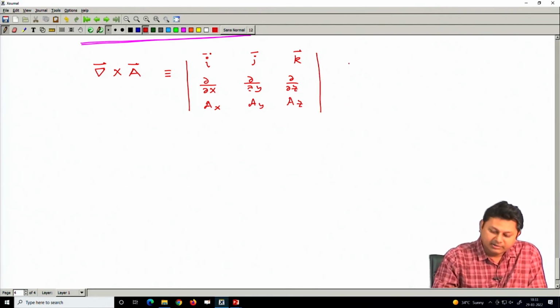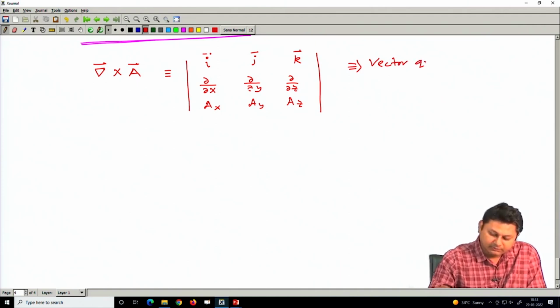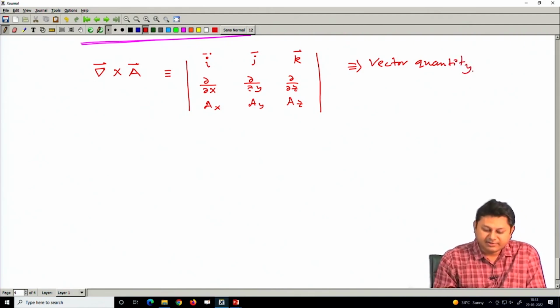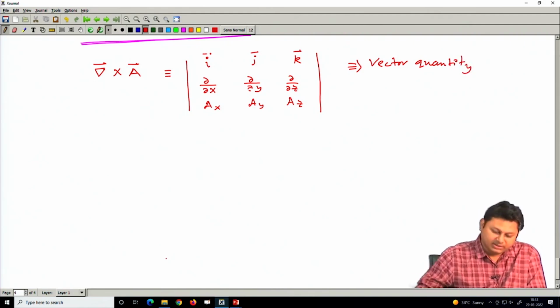And this should be a vector quantity. Unlike the divergence, the end result of the curl is a vector quantity.